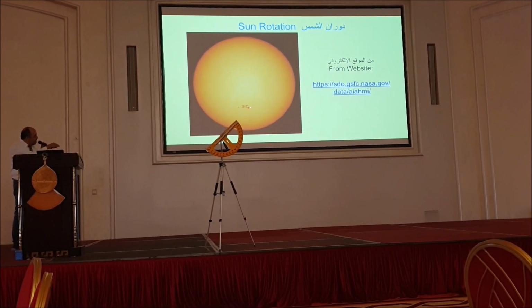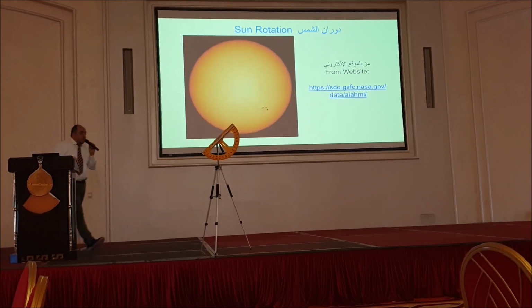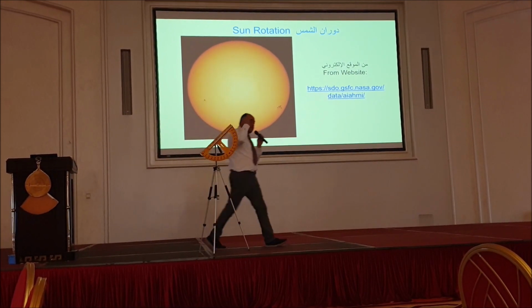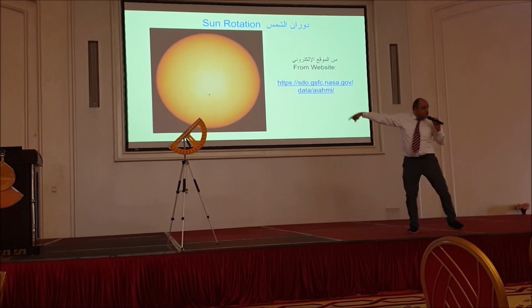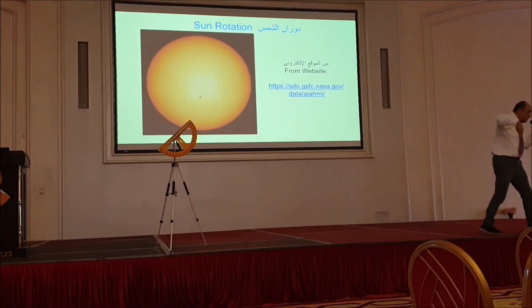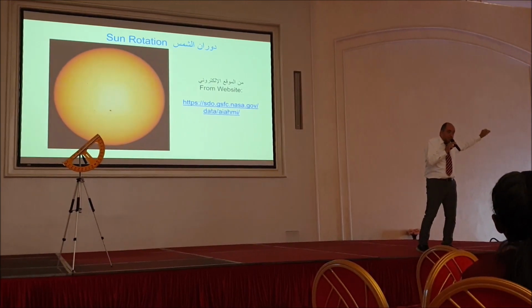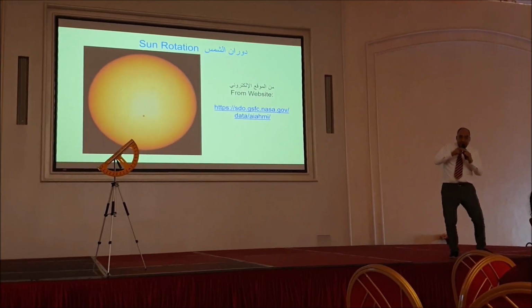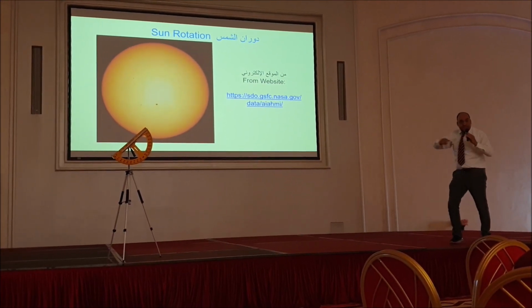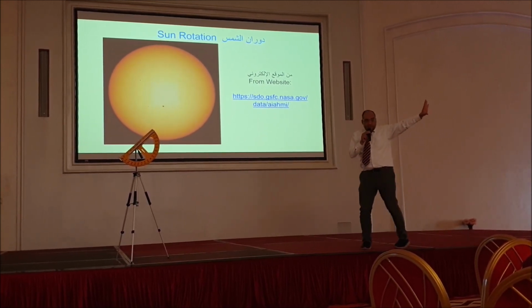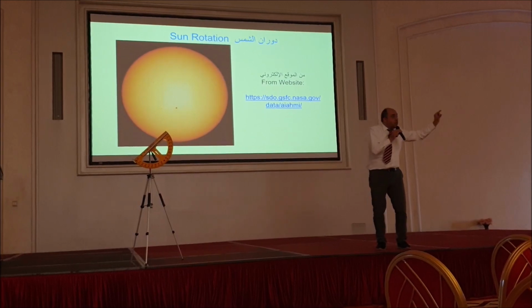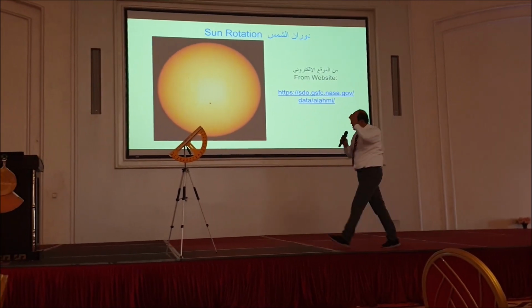How many days? The website allows you to see all images of this sunspot, from the very moment it starts appearing till the end when it disappears. So you can take the first day and last day, and calculate the duration between these two days.